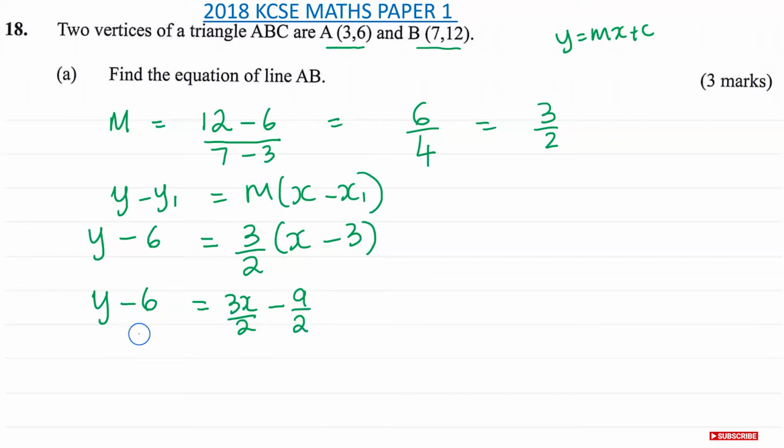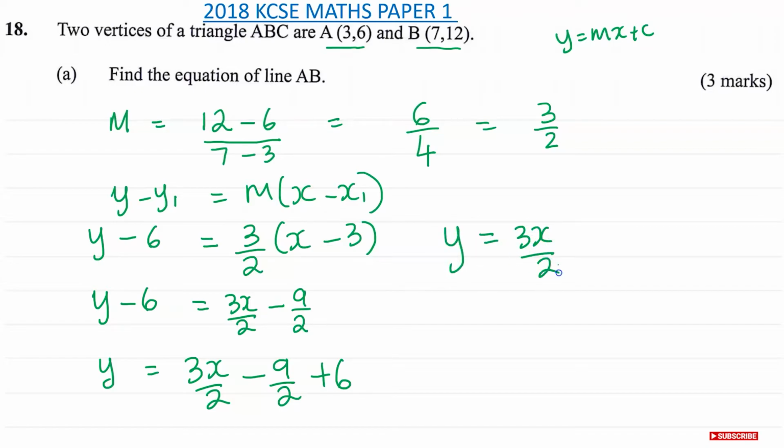So I want to make y the subject, which means I need to add 6 on both sides. So I'll have y is equal to 3x over 2 minus 9 over 2 plus 6. If I continue to simplify this, y is equal to 3x over 2, and then I have minus 9.